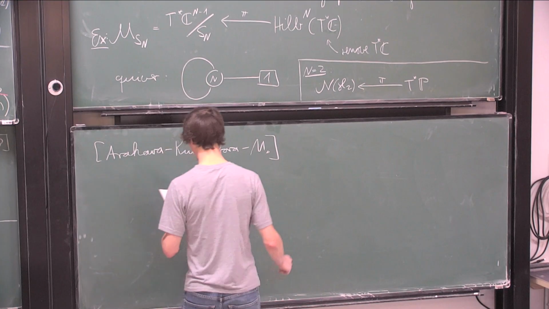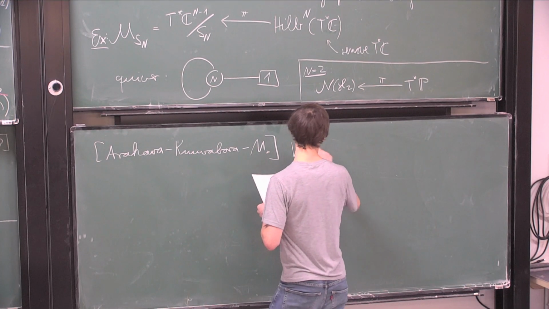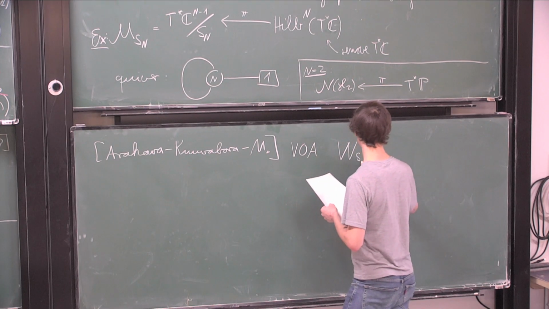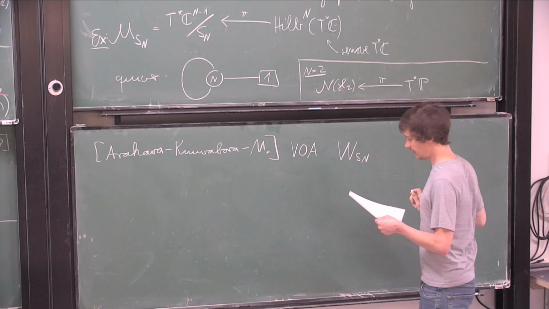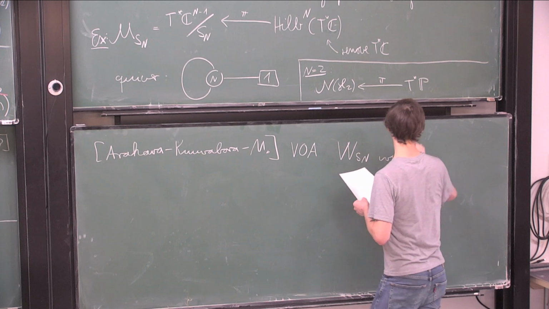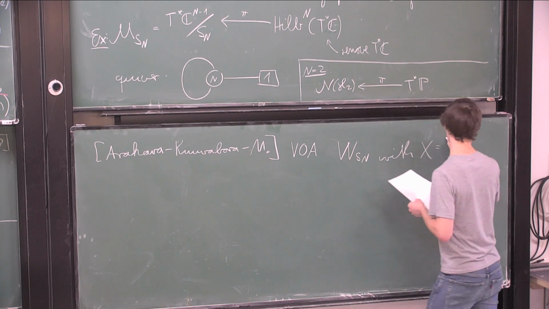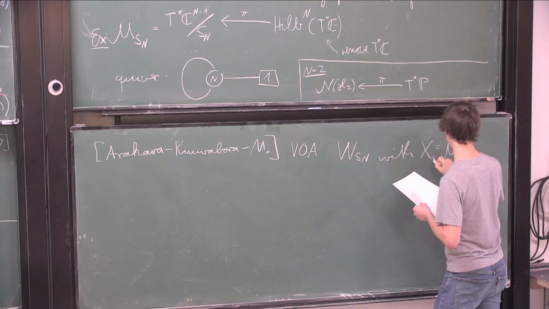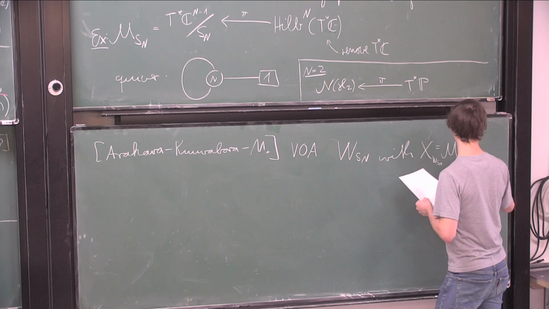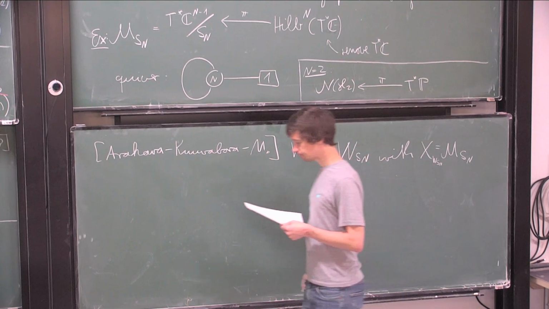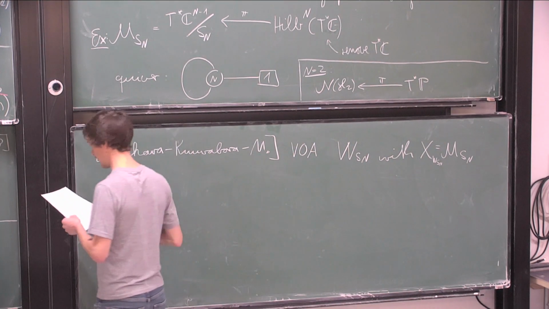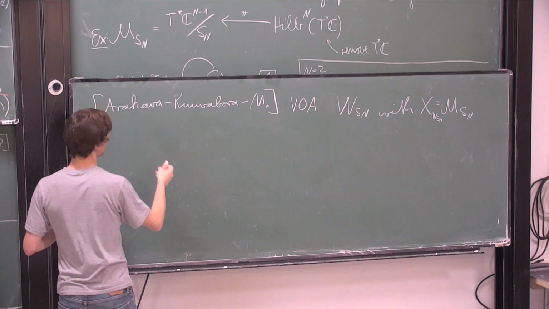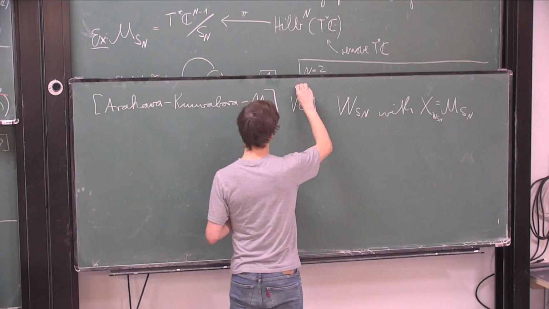Right. So what we did, we constructed a vertex operator algebra, W_Sn, that has this associated variety X of W_Sn equal to M_Sn. Right. So now I want to give you the characters, of course. So what is the character here? Actually, this is a super algebra.